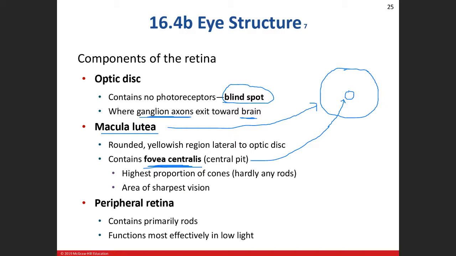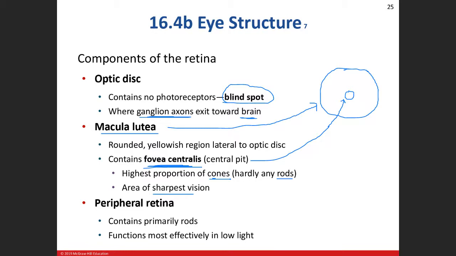This is where you have your best and sharpest vision, okay? Made up mainly of cones, so that's where the photoreceptors are going to be. Rods are more on the periphery of the retina. Cones are pretty heavily concentrated in the fovea centralis, but the rods are going to be more in the periphery of the retina, okay?